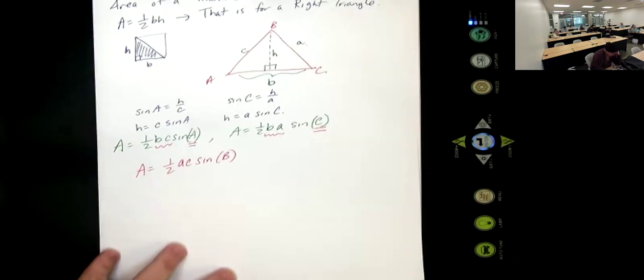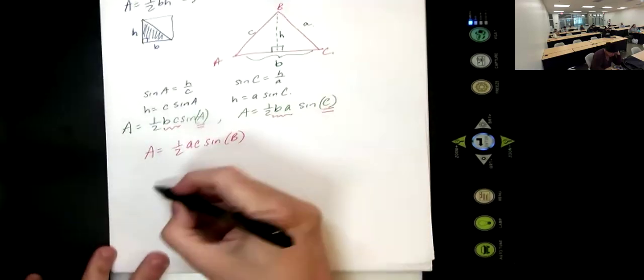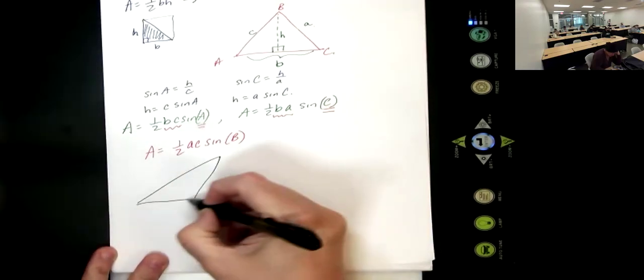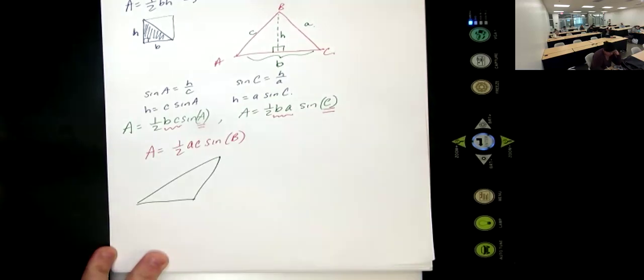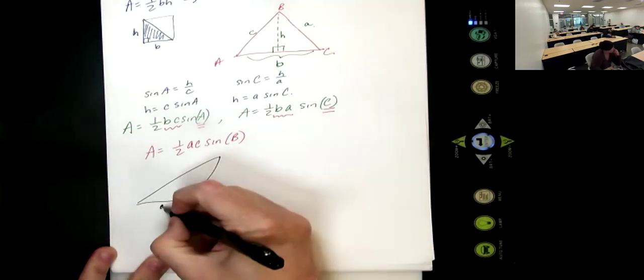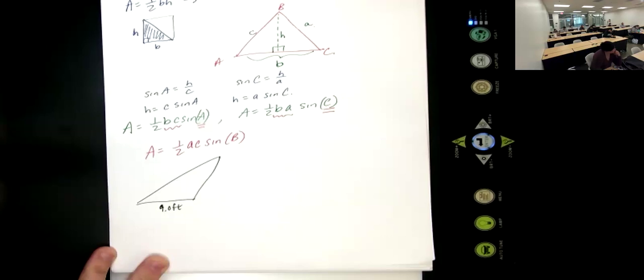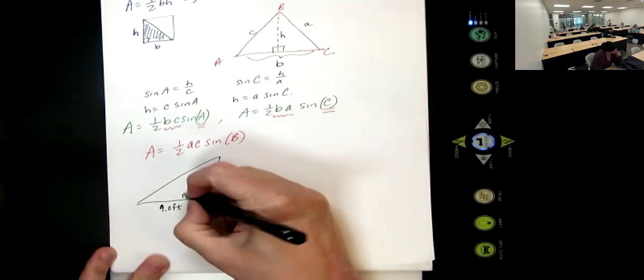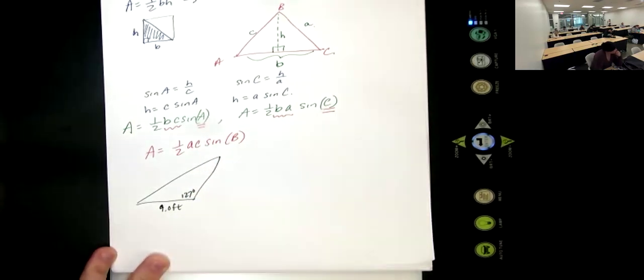So let's just do a triangle and find the area real quick and we'll be done with the section. Let's say we have, let's call this 9.0 feet. We'll call this 127 degrees. And we'll call this 12 feet.